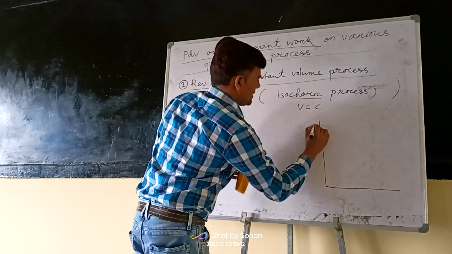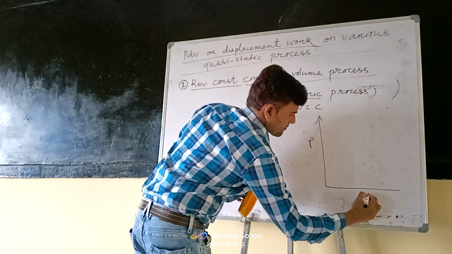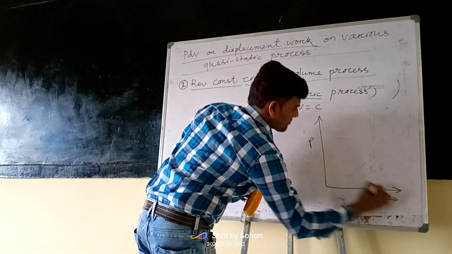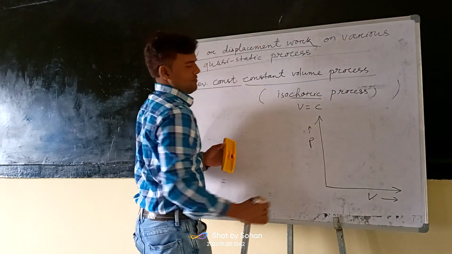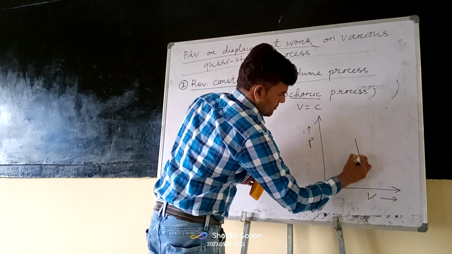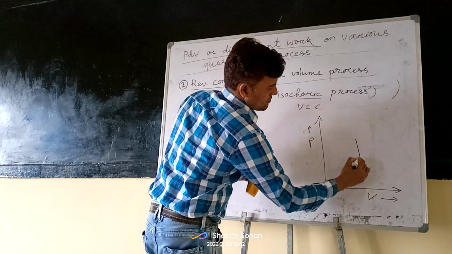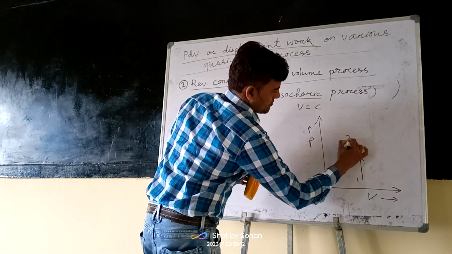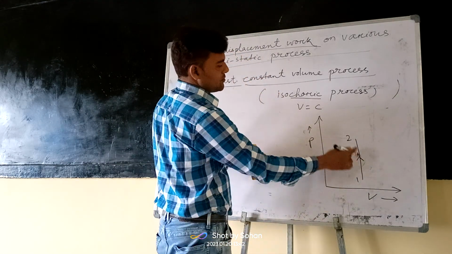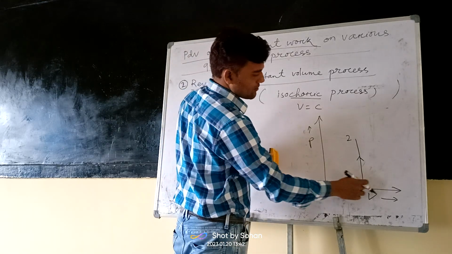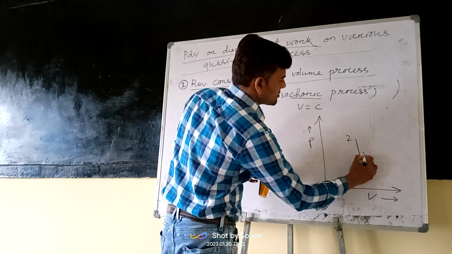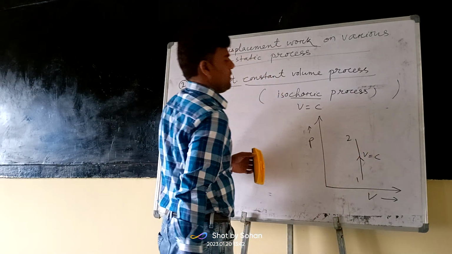On the property diagram, it is like this, parallel to the P-axis and perpendicular to the V-axis. Volume constant.